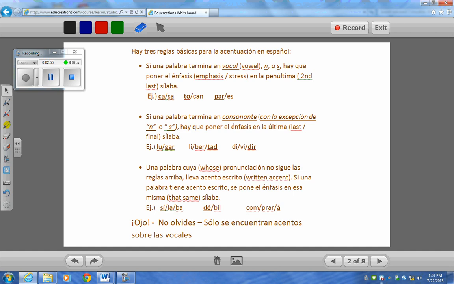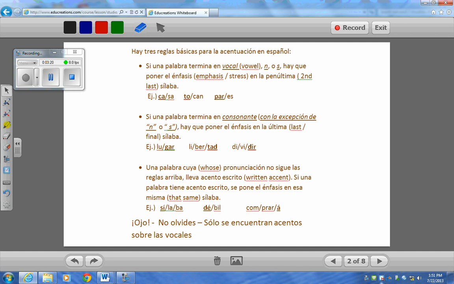Okay, Rule 3 says, una palabra cuya pronunciación no sigue las reglas arriba lleva acento escrito, or a written accent. Okay, so there are words that break Rules 1 and 2. Okay, and how do you know? Well, because you've heard the word pronounced. And if you hear a word pronounced like teléfono, the stress is supposed to be on the second to last because it ends in a vowel, but it's not.